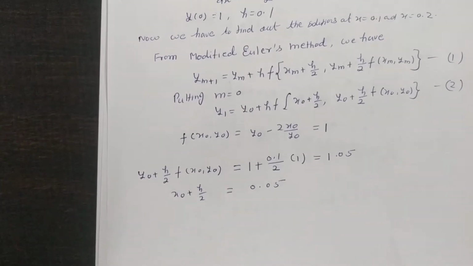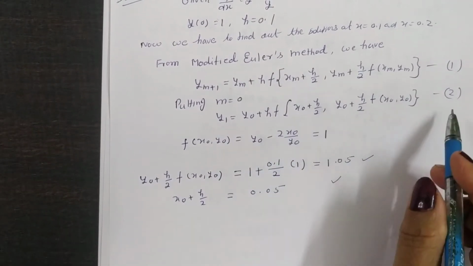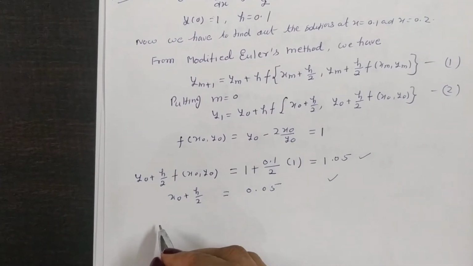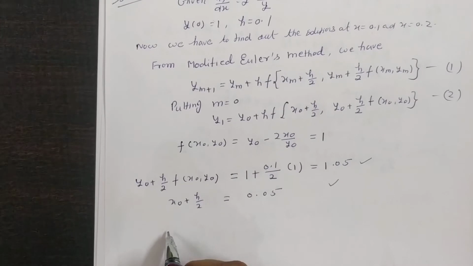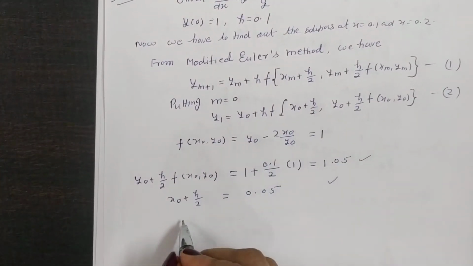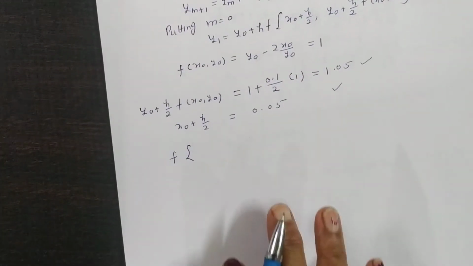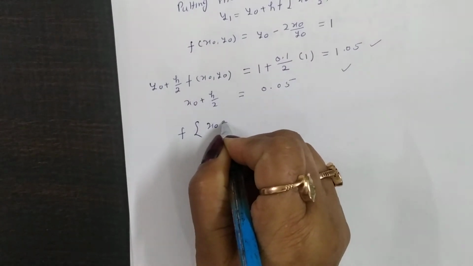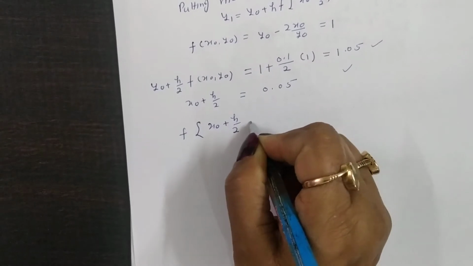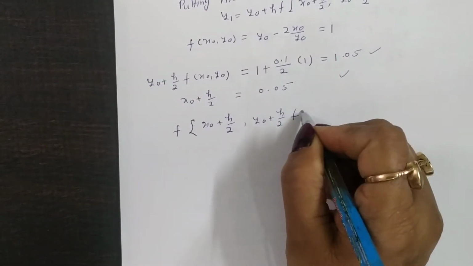Now substituting these terms and values in equation number 2, first we have to obtain the term f of (x0 plus h by 2, y0 plus h by 2 f of x0 y0).